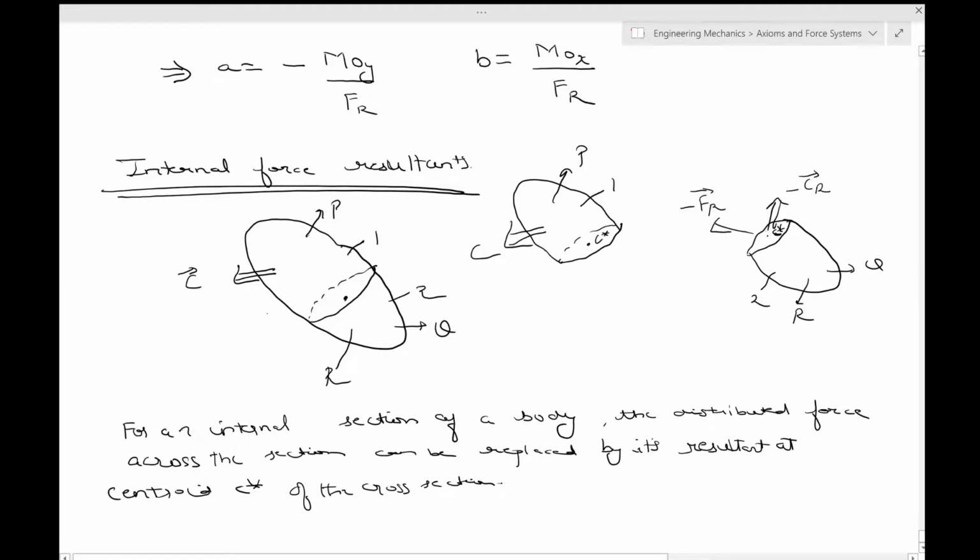So at C star you can have an FR and minus FR shown. So FR, and you can have a plus CR, so that on the other side you have a minus FR and minus CR. So this is how you can have an internal force resultant, a force resultant at an internal point.